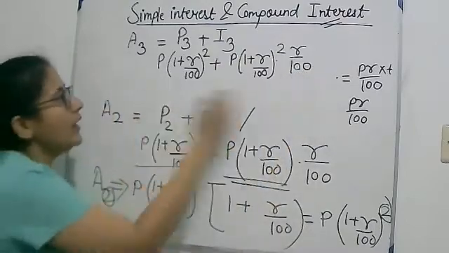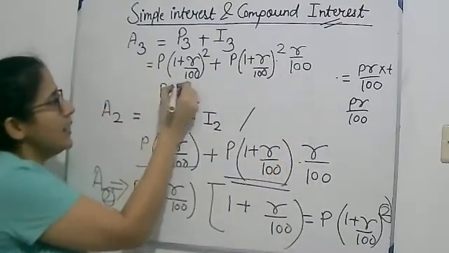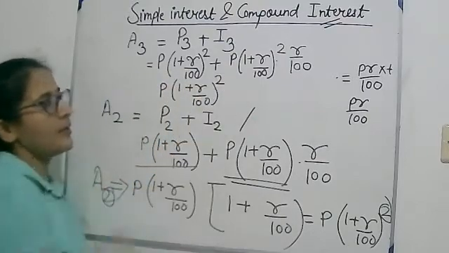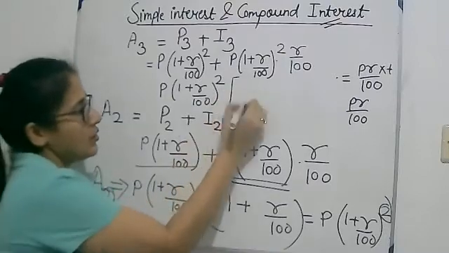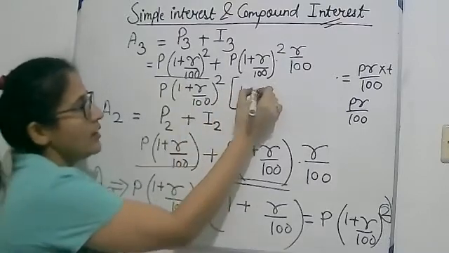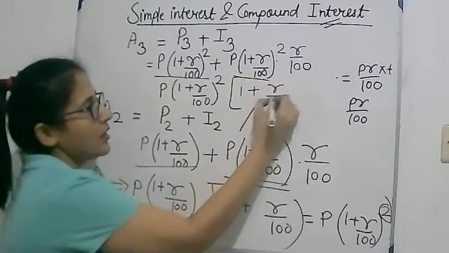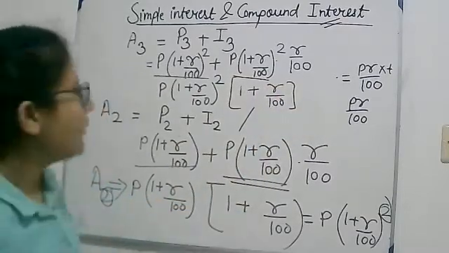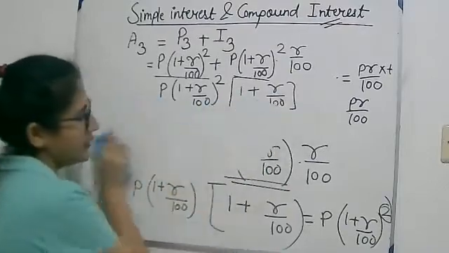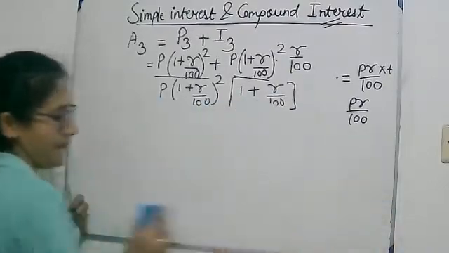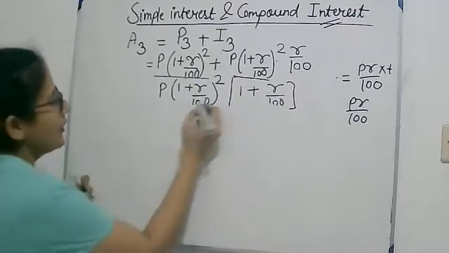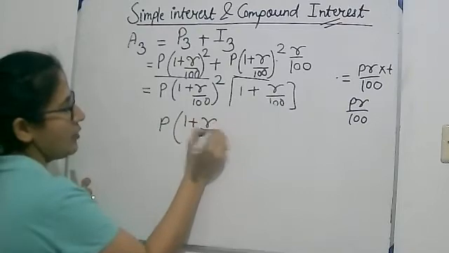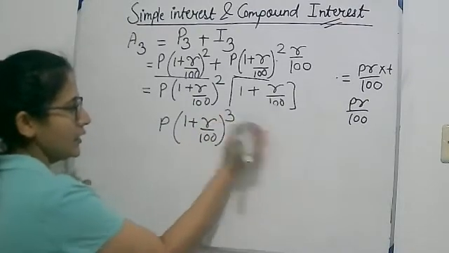Now again here, what is common? P(1 plus R over 100) square. This is common. So in bracket 1 plus, this also common, R over 100. So now what can we write here? It will be P(1 plus R over 100) to the power 3.